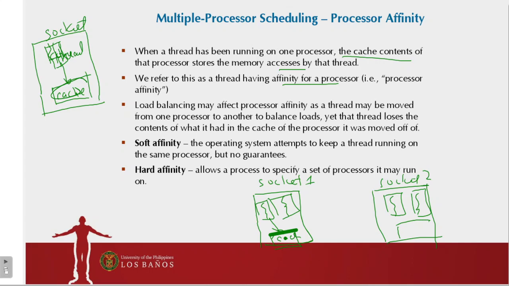stored in this cache. Now at some point, a decision to load balance is made, and this thread is moved to this thread. So the data that was previously used by this thread are stored in this cache, and since it is moved to this new socket or a different hardware thread, it has to replenish the cache with the correct data and invalidate whatever is in it.